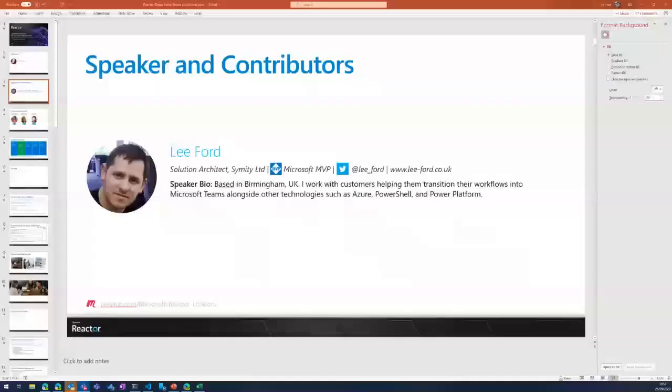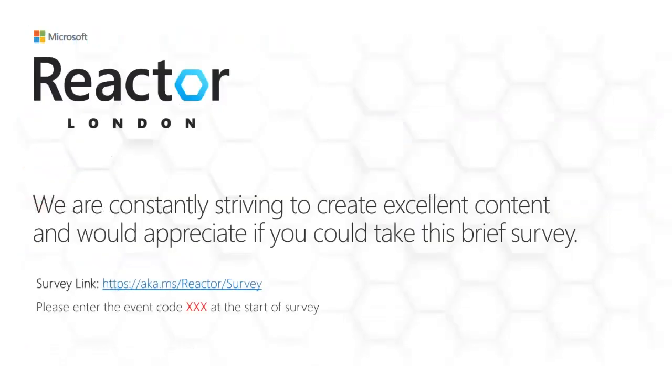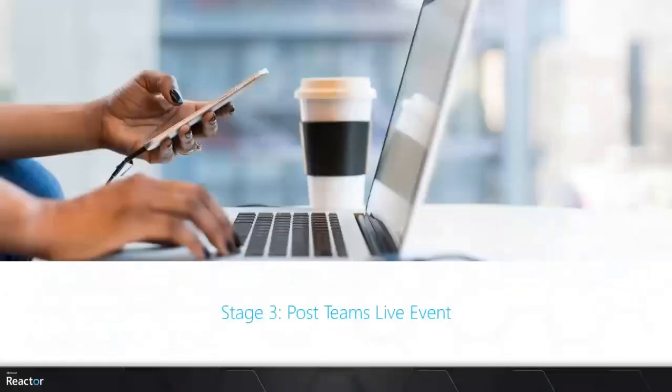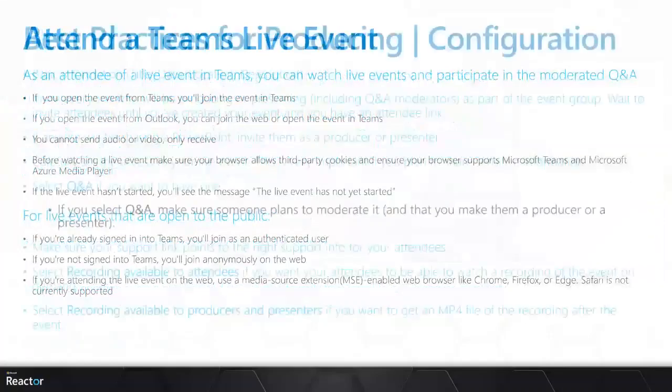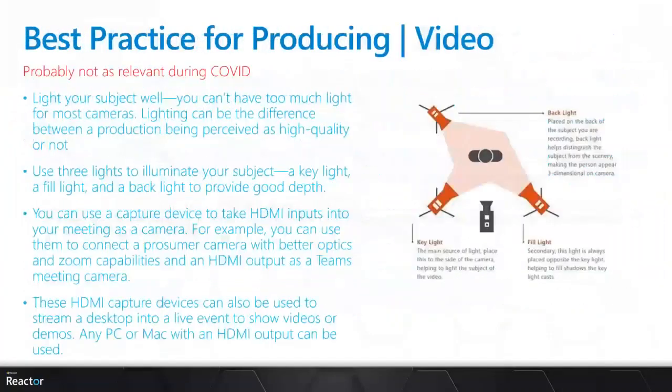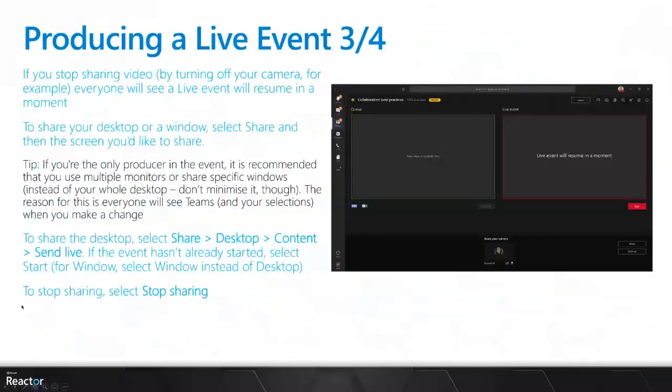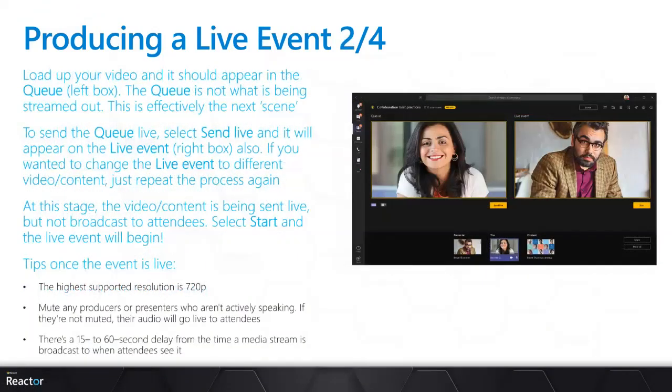Let me just go back through the slide deck and see what I can find. So here we've got share your camera. Let's do a better one actually. Here we are. Yes, this is probably a good one.